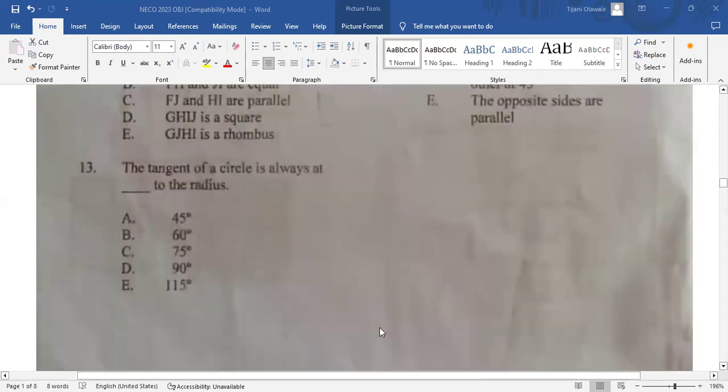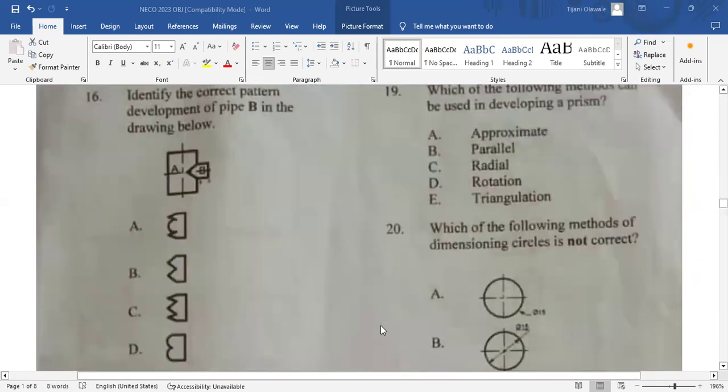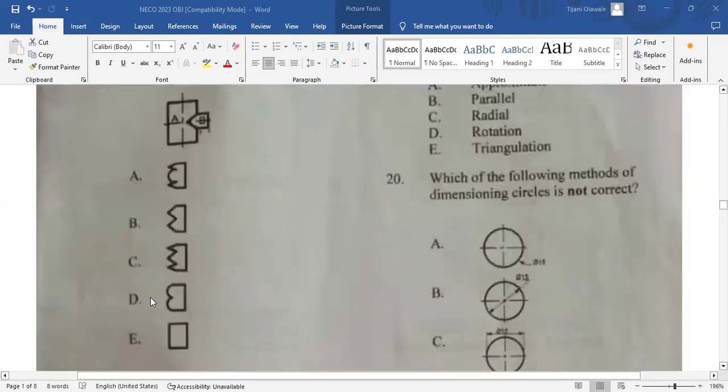Then move to question 16. Question 16 says, identify the correct pattern development of pi B in the drawing below. My answer to this question is option D.